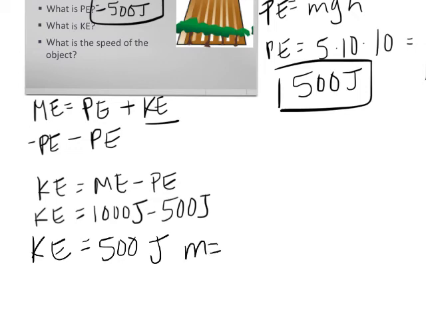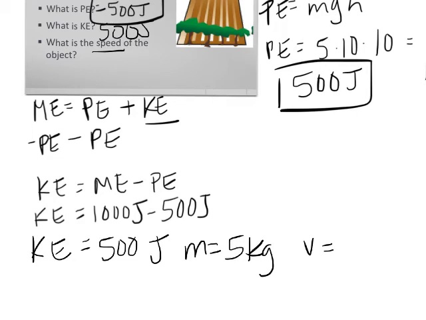We know our mass is 5 kilograms, and we want to know our speed or velocity. Velocity is just a speed with a direction. All right, so if you're solving for speed, all you need is the number.